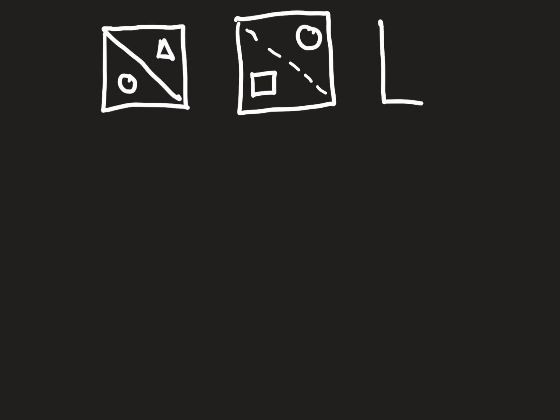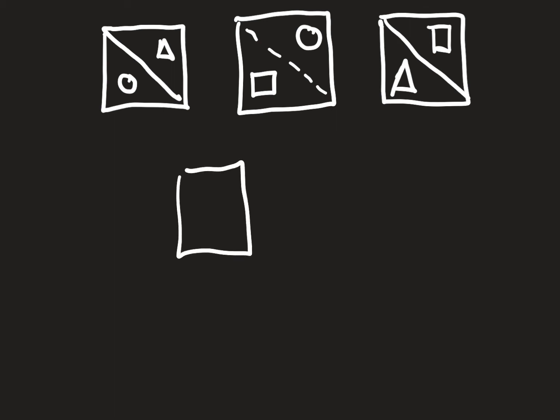And then a square with a solid diagonal, a triangle, and a square. From this we can tell we've got an alternating pattern with our diagonals: solid, dotted, solid. So our next one would be dotted. So square, dotted diagonal.